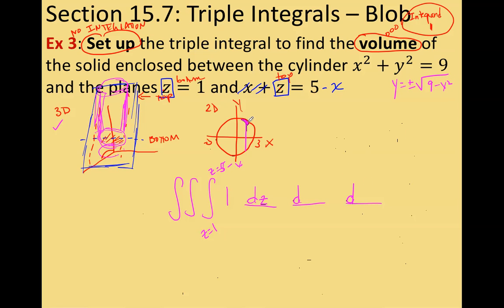And if you think about the boundary here, this boundary is the top of the semicircle. The boundary of this strip as I move through the region between -3 and 3 is the bottom half of the semicircle.